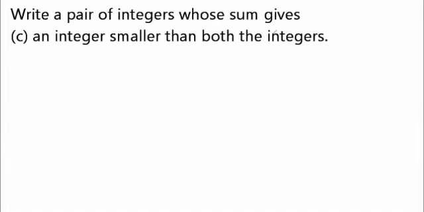So let's do the third one. We need to get an integer smaller than both the integers. So when we add both the integers, this result has to be smaller than them. So let's say I take one integer, and let's say I take a positive integer and add a positive integer, I'm going to go right.